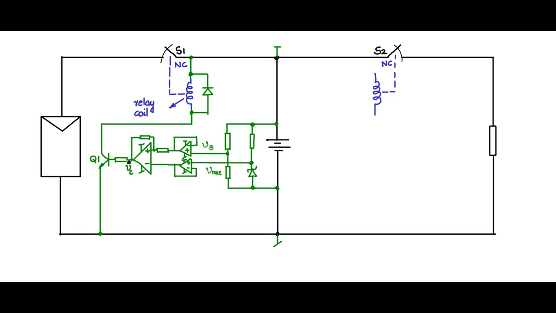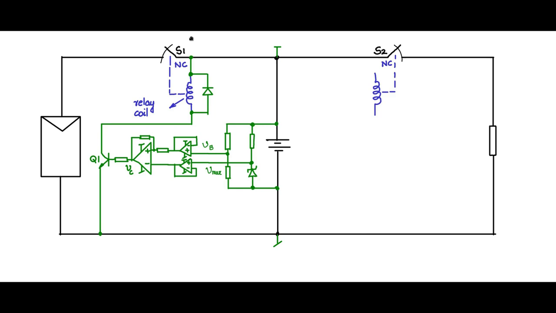When VC goes high, Q1 turns on. When Q1 turns on, there is a relay current flowing through this, so the relay is energized. This will open. So our condition: when VB is greater than Vmax, switch S1 will open, so that the battery is only discharging to the load.